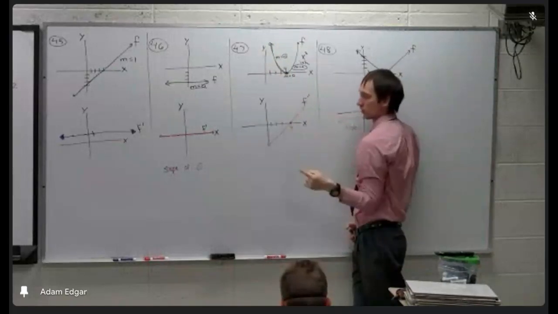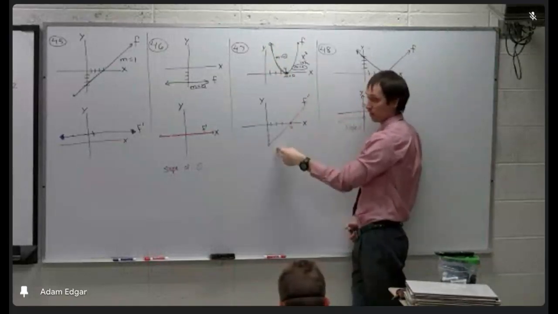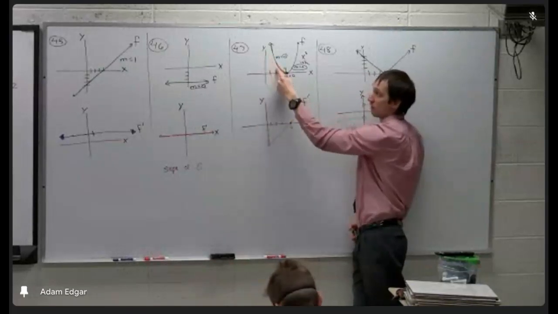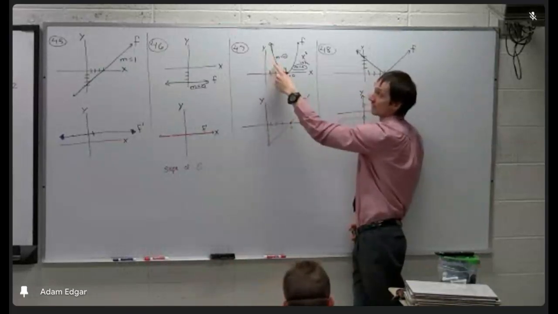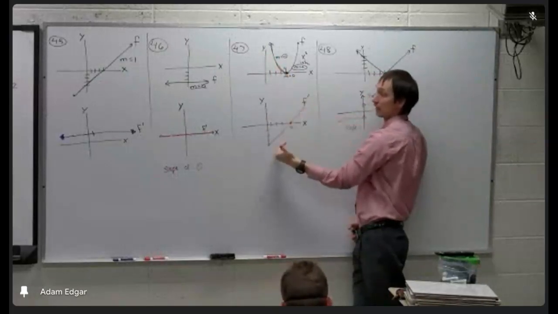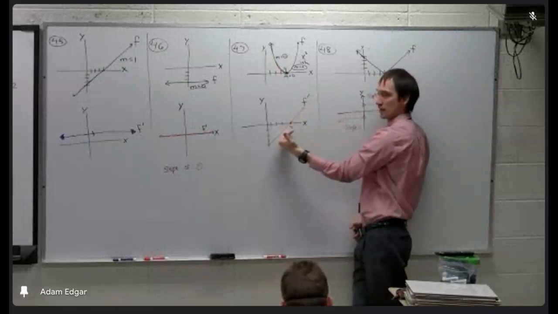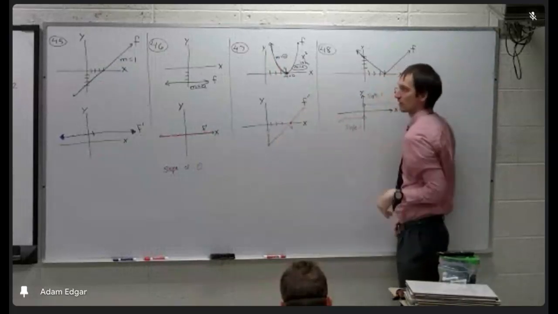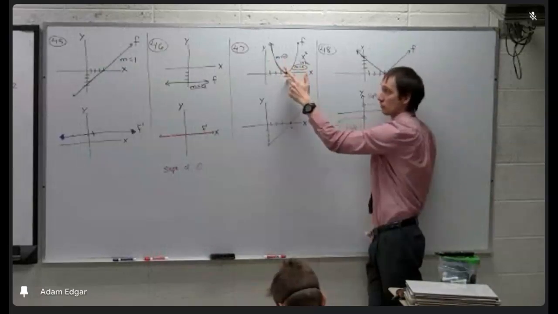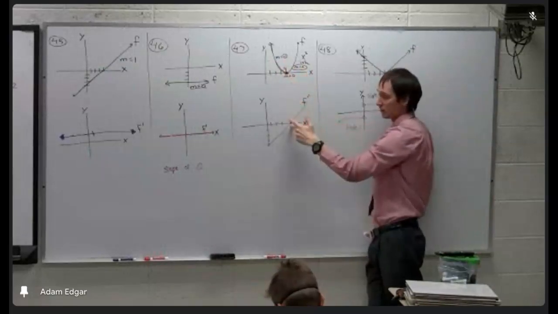So your derivative is a big negative number, way down here below the x-axis. And then as you come to the right, the slope is still negative, but it's getting less and less negative. So the derivative is getting closer to the x-axis, but it's still below the x-axis. Then at x equals 4, the curve is flat, so the slope is 0. So the derivative is at a height of 0 when x is 4.